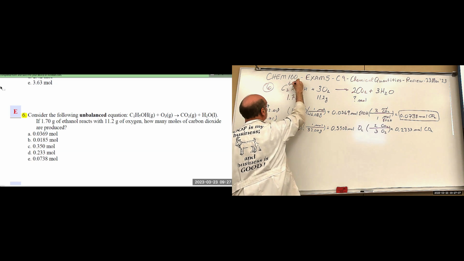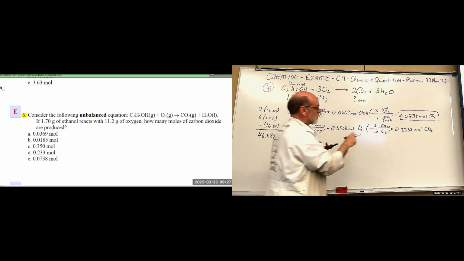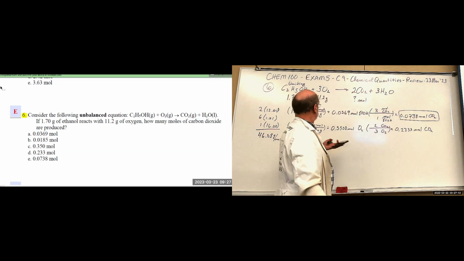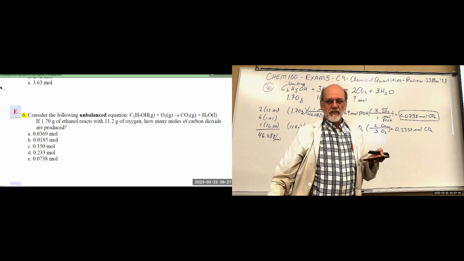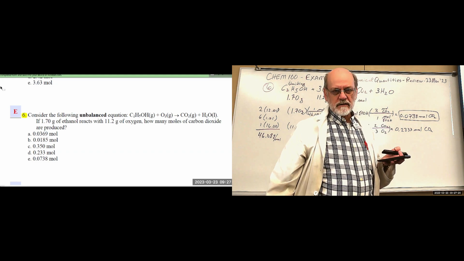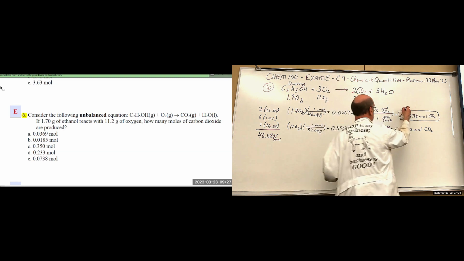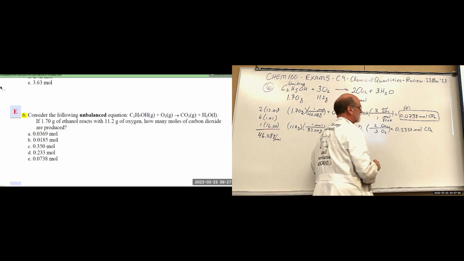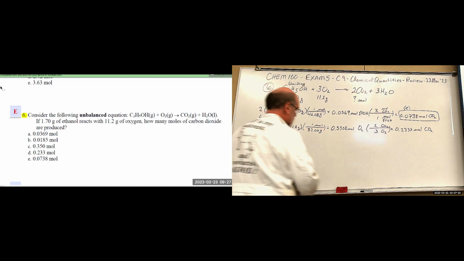This is limiting. That means we're going to use this. That's our answer. Let's see, we have 3 significant figures. There we go. 0.0738. So there, E. E is the answer. All right. That's number 6.